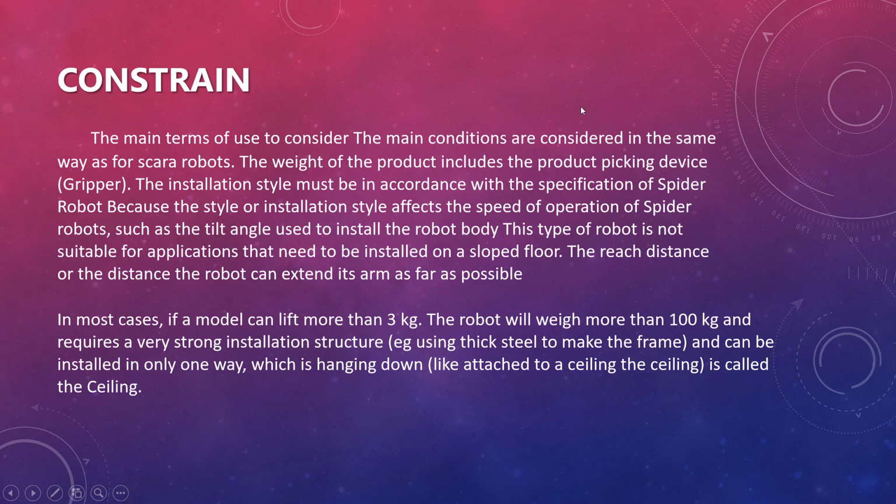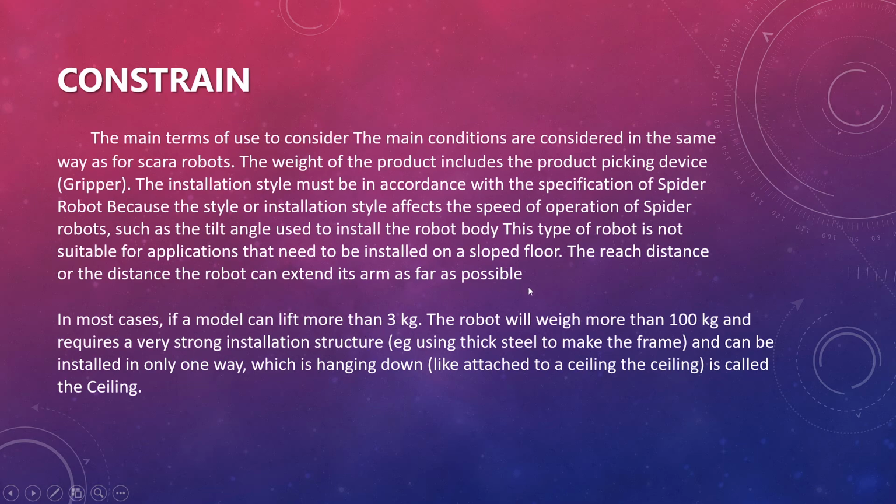The main conditions are considered in the same way as for a SCARA: the weight of the product, including the product picking device. The installation style must be in accordance with the specifications of the spider robot.